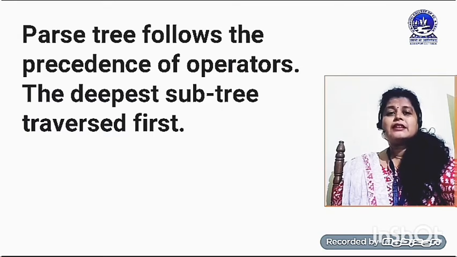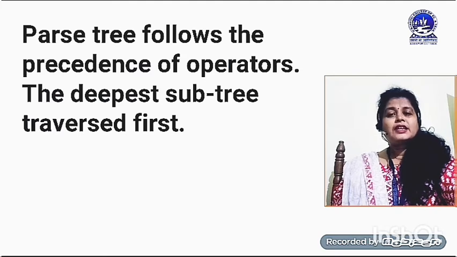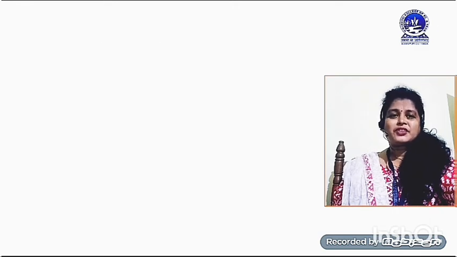It means the operator with the highest precedence or priority will be executed first. The same rule is followed here, and for that reason the deepest subtree is traversed first, and so the operator in the parent node has less precedence than the operator in the subtree.